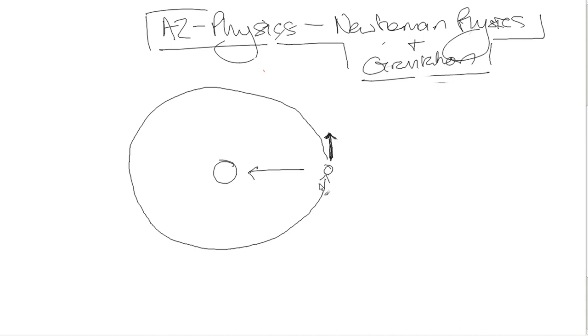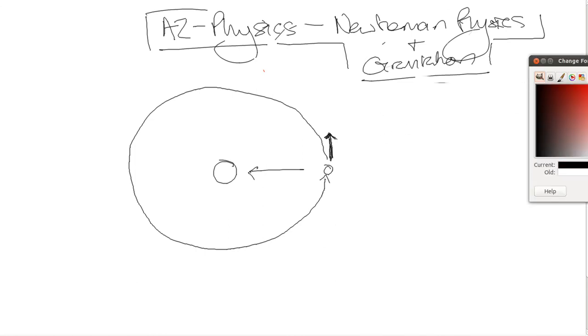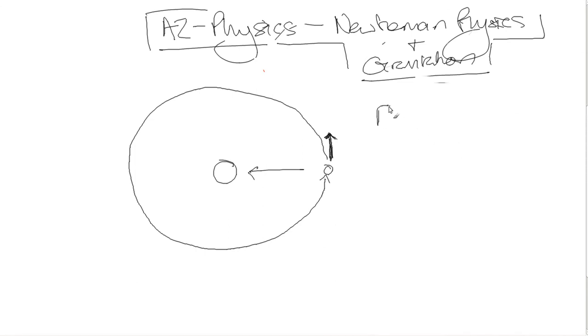Let's work this out actually. The Earth is pulling the Moon closer towards it, and so it has a force that's acting inwards, which is equal to minus G m1 m2 over r squared, right? Let's say the Moon's m2 and the Earth's m1.